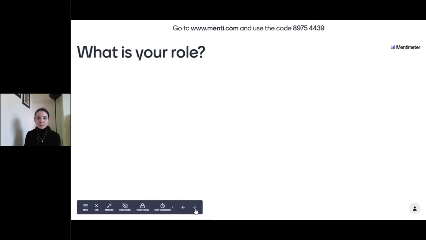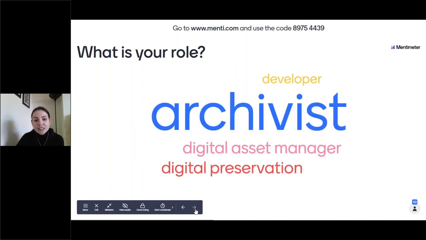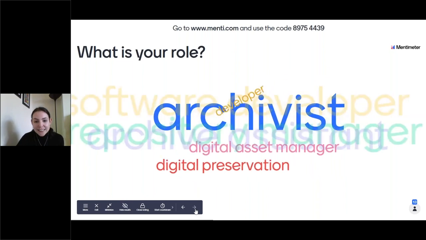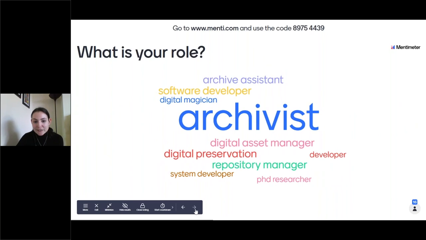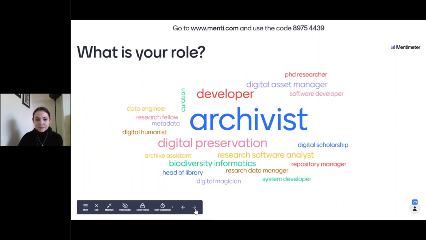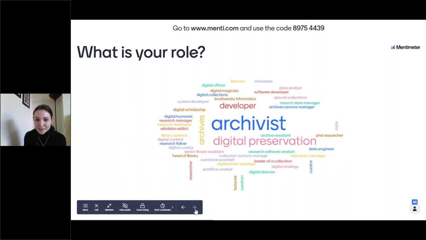Okay. The next question then. What is your role? So yeah, just what your job title is, what type of area you work in. We're just really keen to see who's interested in persistent identifiers. Lots of archivists.